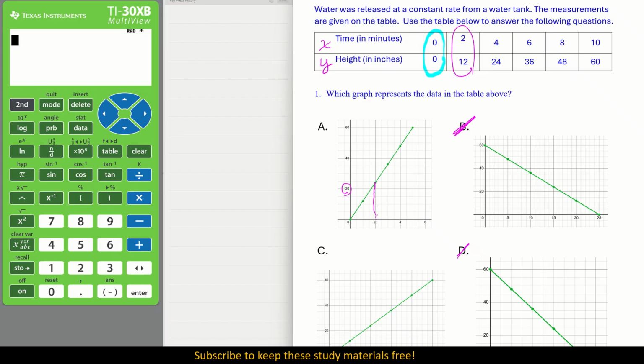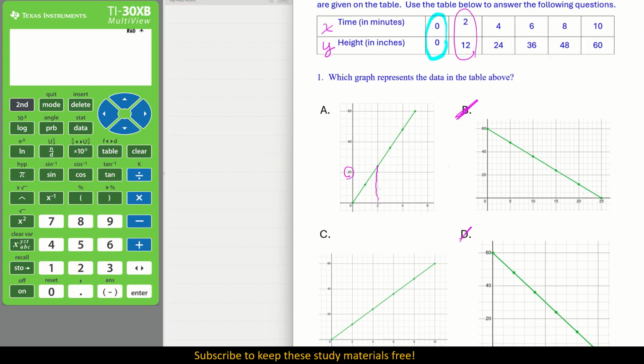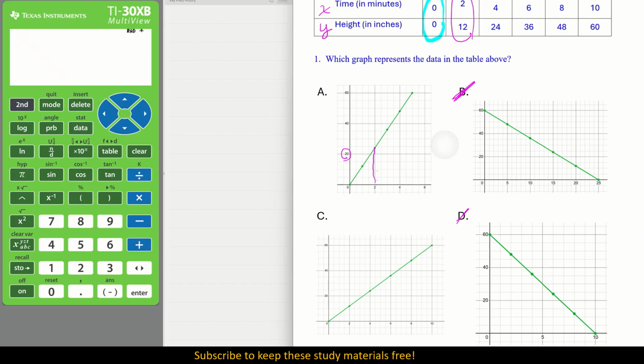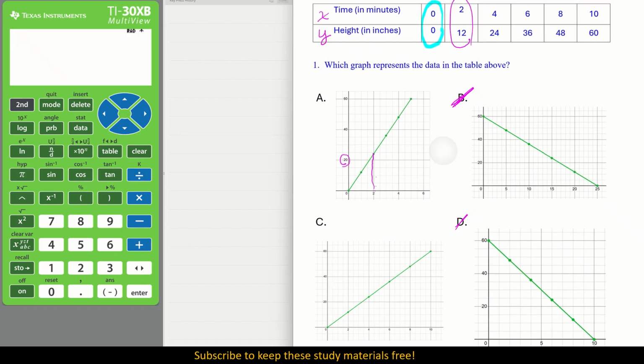Okay, so let's look at C. Let's go up. I'll have to get this to actually go up. There we go. All right, so we can still see the table. Okay, well, yes, I would say if we estimated, we have, let's see here, 5, 10, 15, 20.